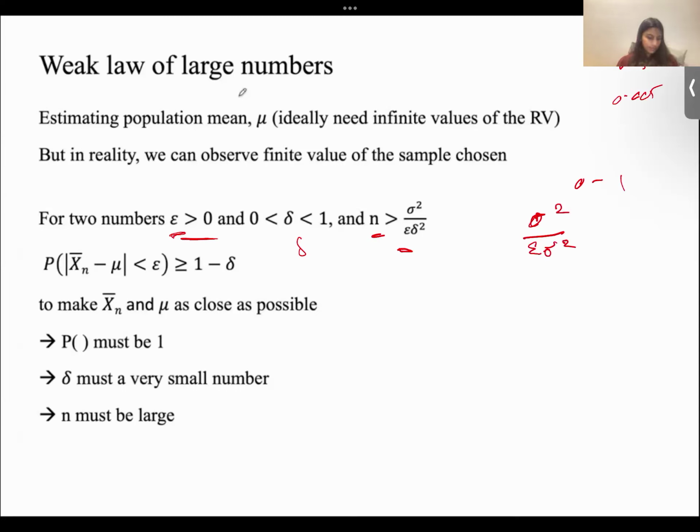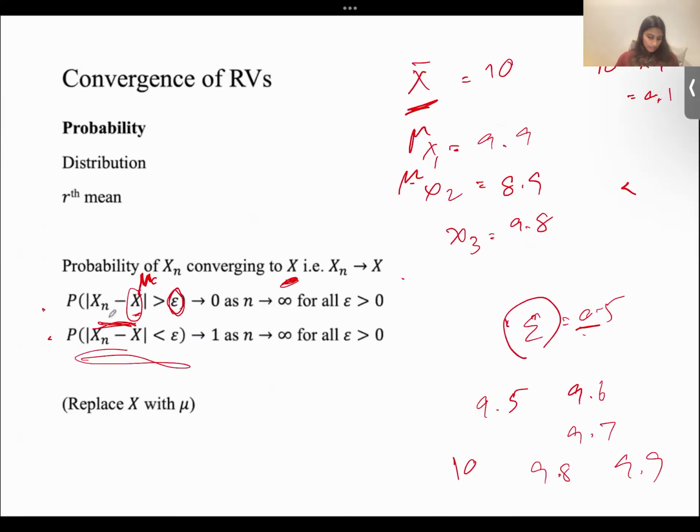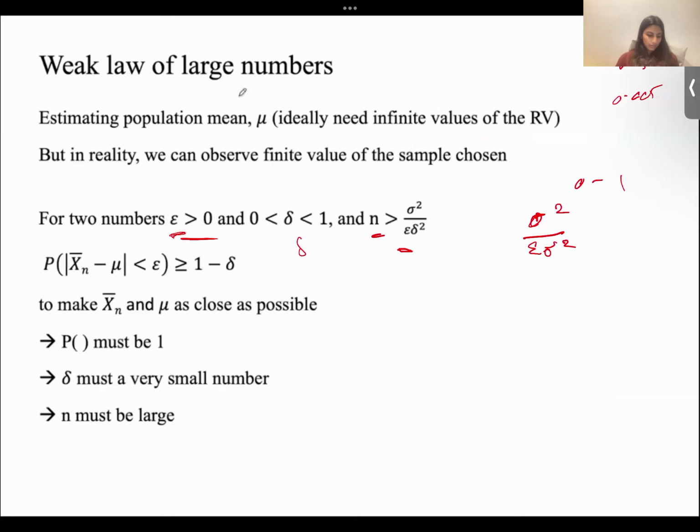The probability that xn minus mu is lesser than epsilon should be high. This probability should be close to 1, and basically it should be greater than 1 minus delta.